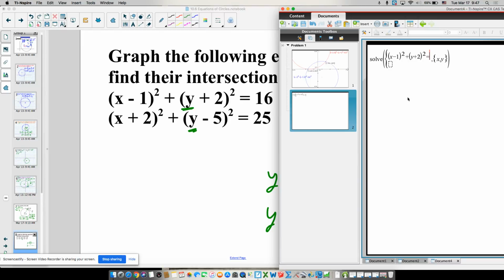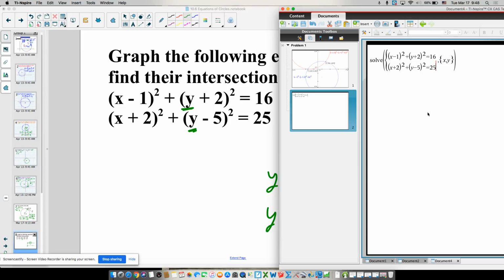Be careful that you arrow over. Don't leave any spaces though, no spaces. Just type it in just like you see it with no spaces. I'm using the caret for the power, if you don't know that yet. Oops, this is minus 5 squared. x plus 2 minus 5. And then arrow over to get down again. And there's my two equations.